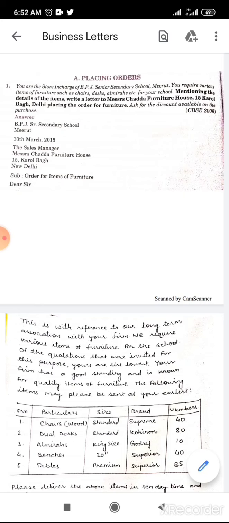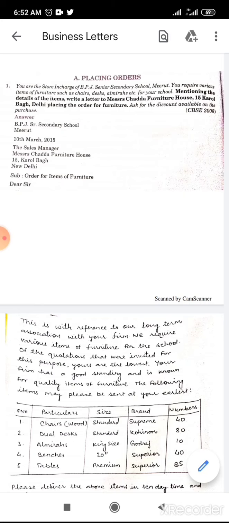But sometimes it happens that there is only one address given, or sometimes the address is incomplete. So you have to be very inventive, very innovative, you have to complete the address, or sometimes just create your own imaginary or fictitious address. So this is the sales manager, Messrs. Chadda Furniture House, 15 Karol Bagh, New Delhi, and now comes the subject.